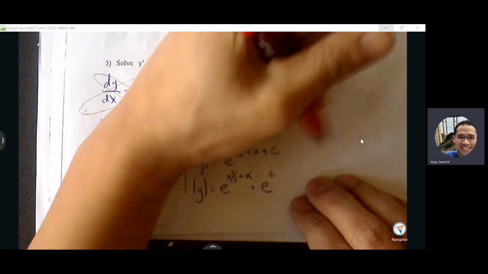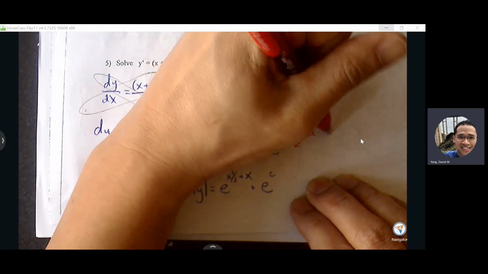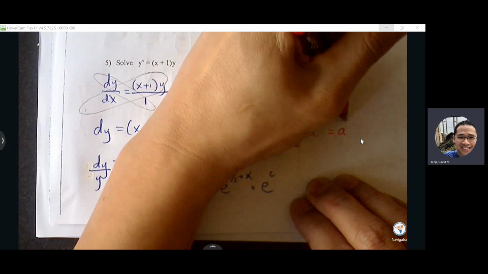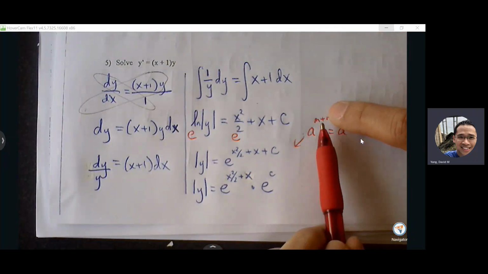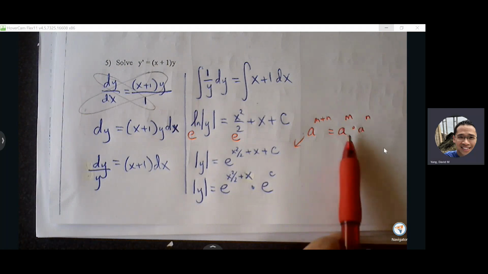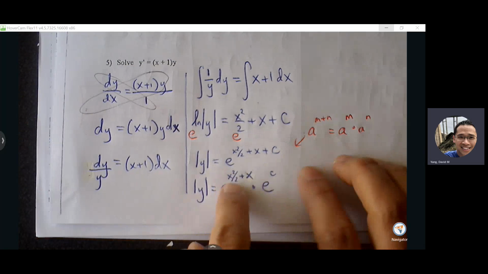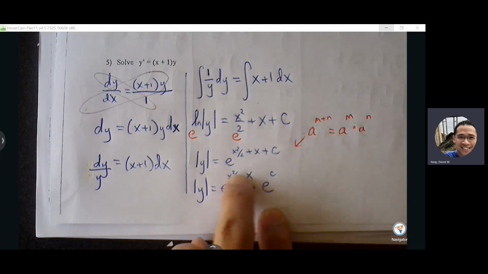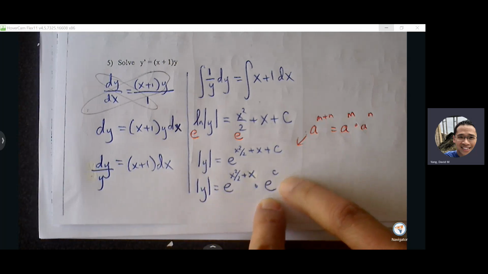Again, I'm using this property here that says if I have a to the m plus n, I can separate them into a to the m times a to the n. So if I want to bring a plus sign down to the base level, it's going to turn to multiplication. Right? But I could have separated these two, but I know these are all part of the variable expression, so I'm going to leave this together. I'm just going to separate that constant away from it.